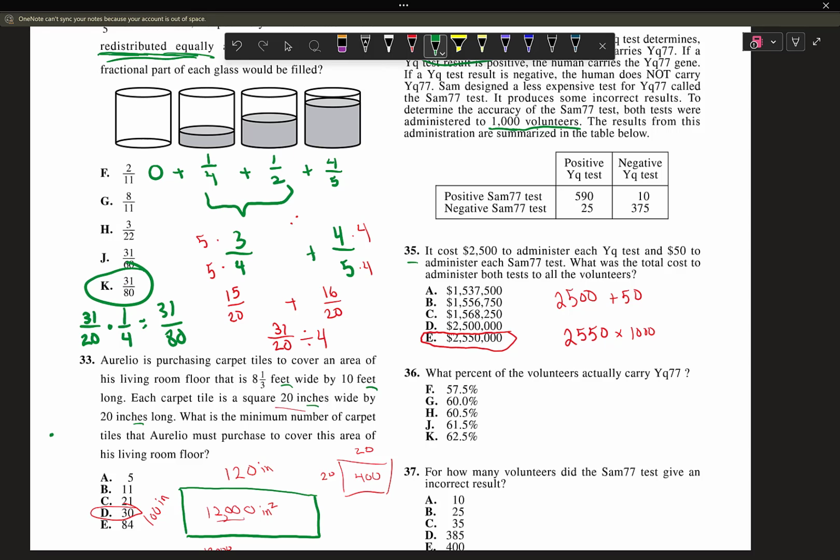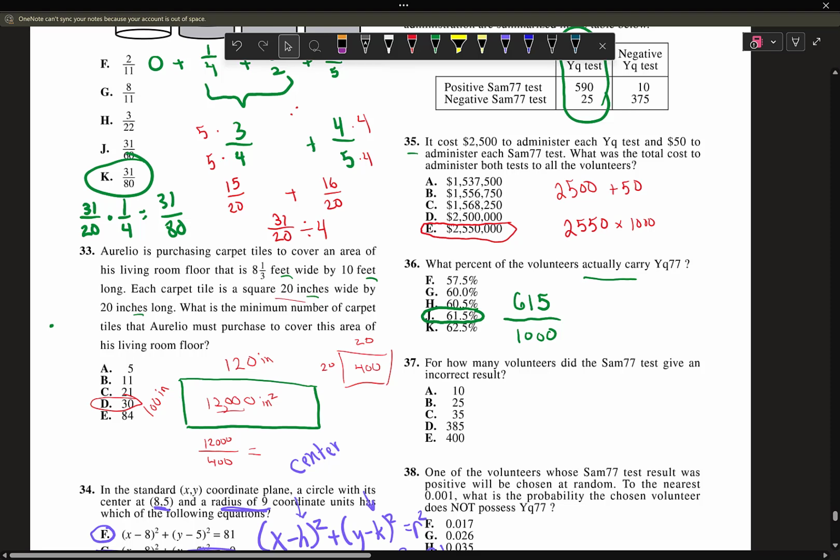So we're looking at the positive YQ test column. 590 plus 25 tested positive for that YQ test. So 590 plus 25 is 615. So 615 actually carry YQ77, and 1,000 volunteers were administered the test. So the answer is 615 divided by 1,000, 61.5%.